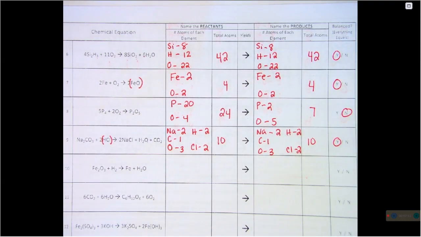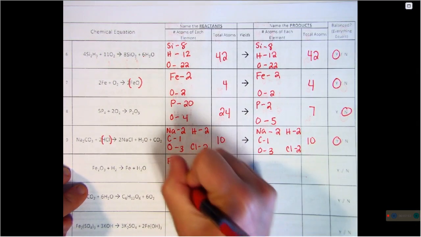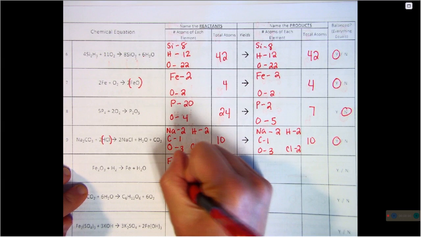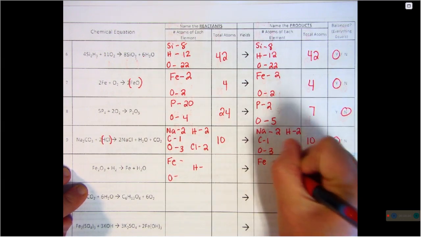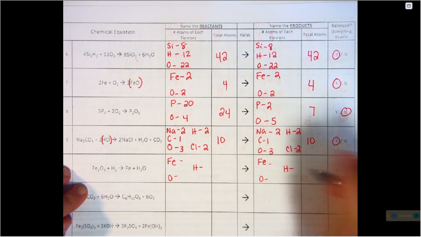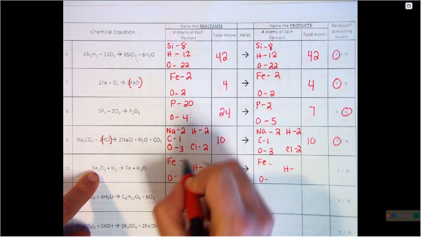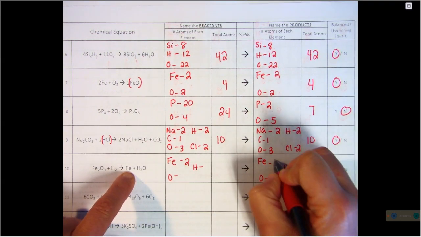Yes. Now, for the next one, I have iron, oxygen, and hydrogen. Iron, oxygen, and hydrogen. Okay, I have 2 irons. On this side, I'm going to switch over. I have 1 on this side.